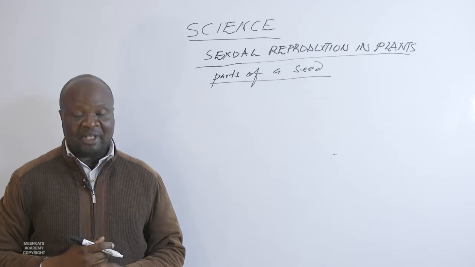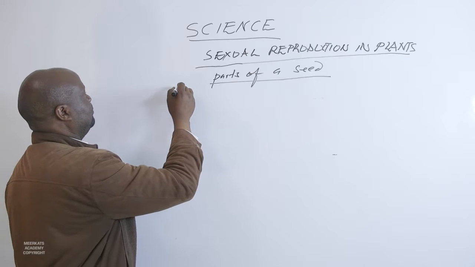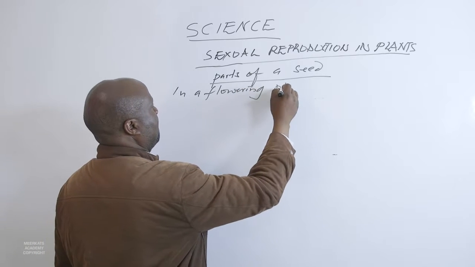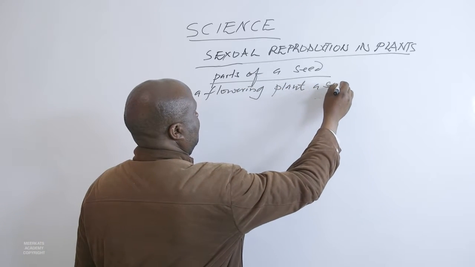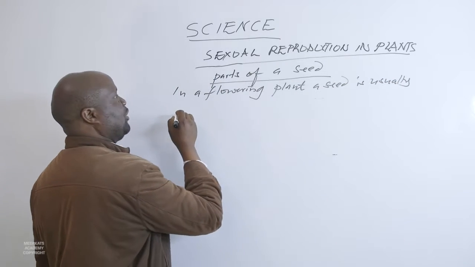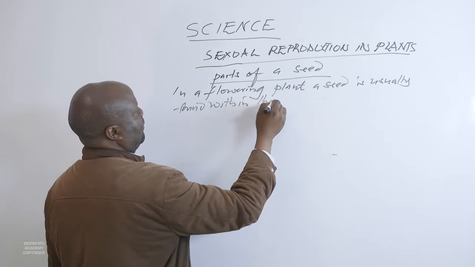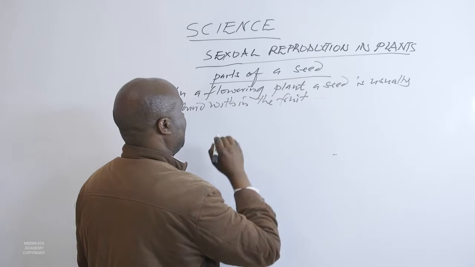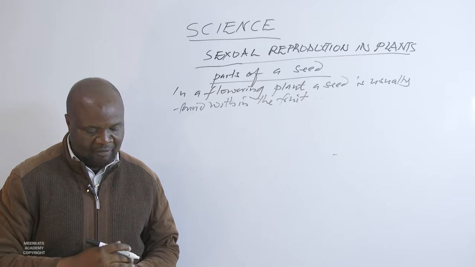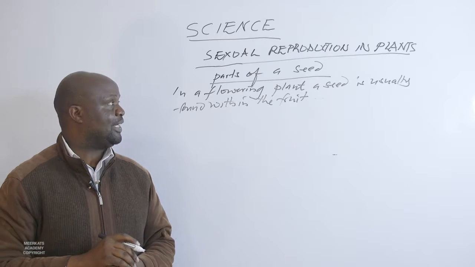In a flowering plant, a seed is usually found inside a fruit. That is, mostly the seed is found within the fruit. We can have a simple diagram to illustrate what a seed is.